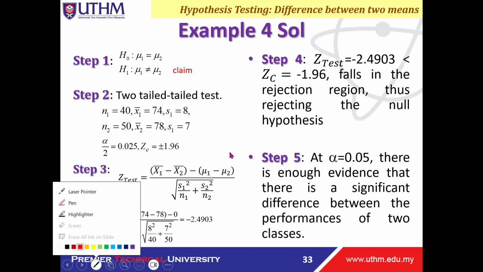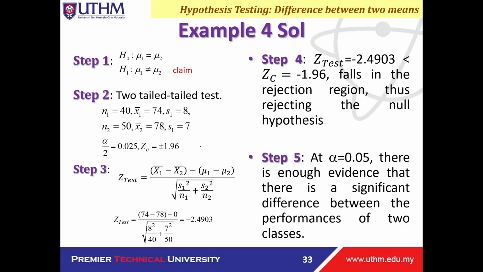If you draw it, this is negative 1.96, this is the rejection region, and negative 2.49 falls in this region.